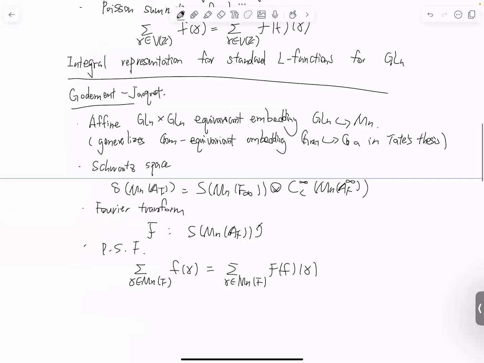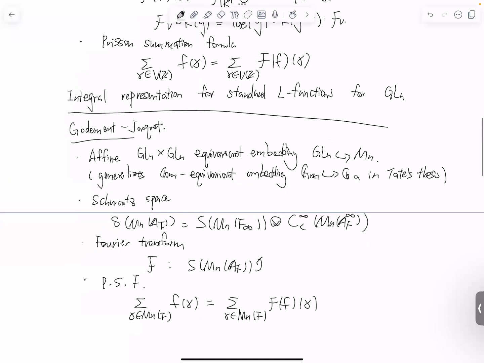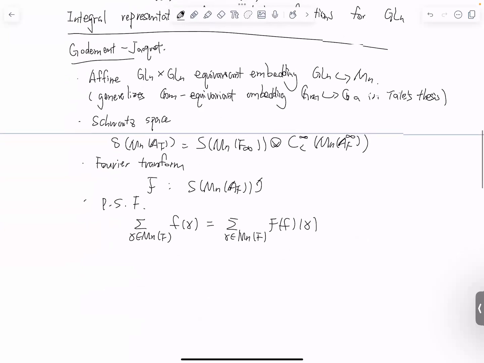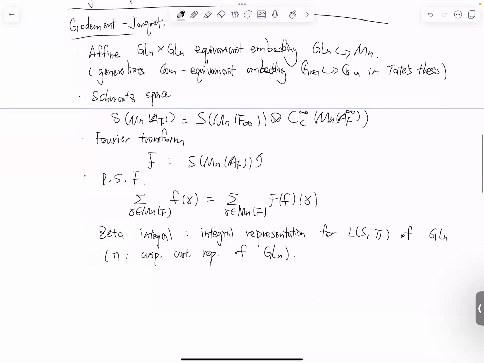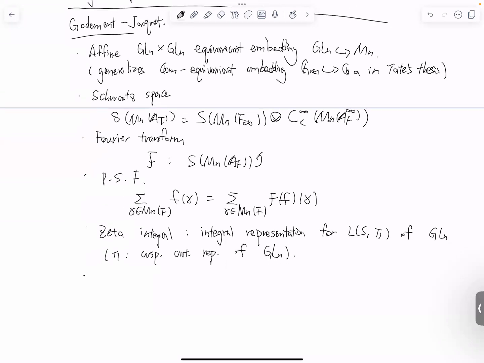So this is similar to the above case of Z in our setting. Using this, they have a zeta integral, which is an integral representation for L(s, pi) of GL_N, where pi is a cuspidal automorphic representation of GL_N.